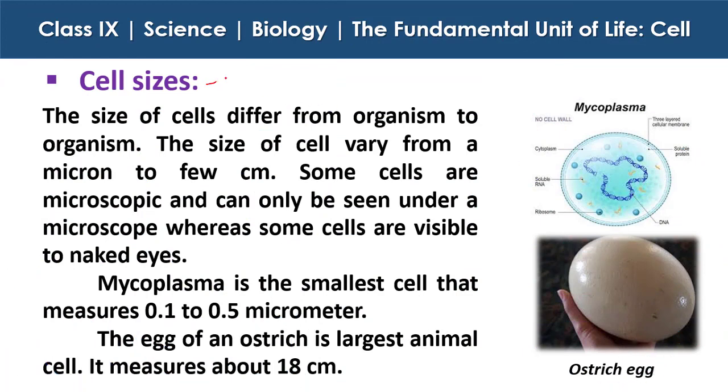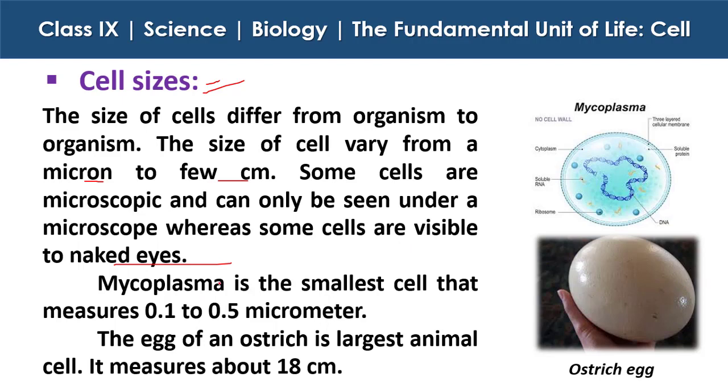Next is cell size. The size of cells differs from organism to organism. The size of a cell varies from a micron to a few centimeters. Some cells are microscopic and can only be seen under a microscope, whereas some cells are visible to the naked eye also.